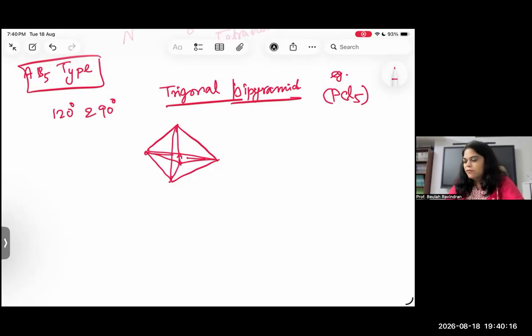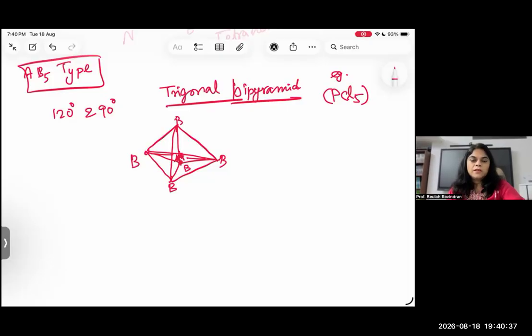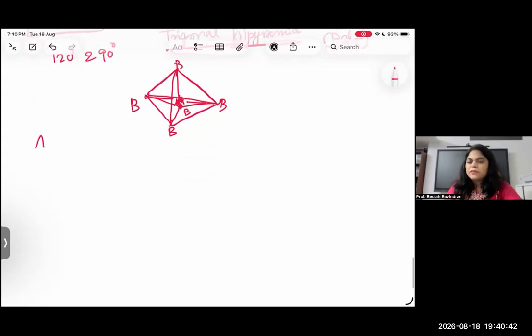Here also one B was there, bipyramid, so five, B is 5 now, Cl5, and P is the central atom here. Can you understand this is AB5? And you know this AB6. AB6, I can say. Here, how many VSEPs? Six VSEPs. To reduce the repulsion, they are arranged at the six corners.